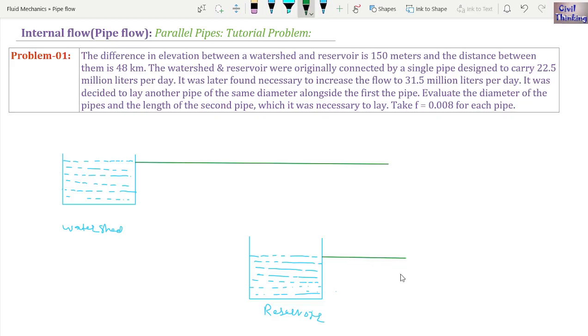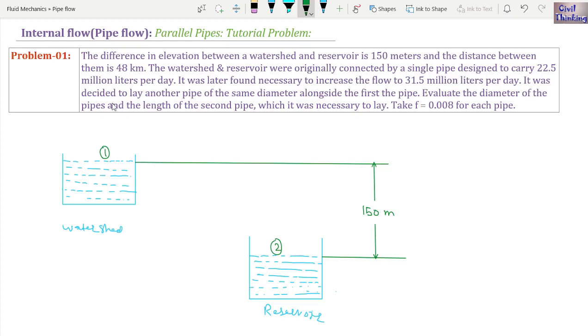According to the problem, the elevation difference between them is 150 meters. Let us say this is the surface of the watershed, marked as 1, and this is 2.